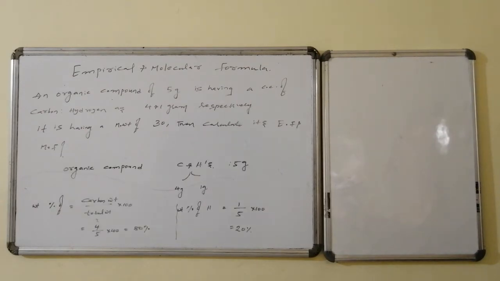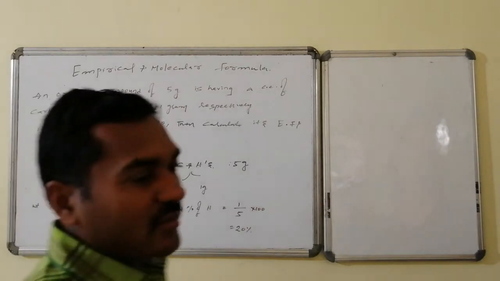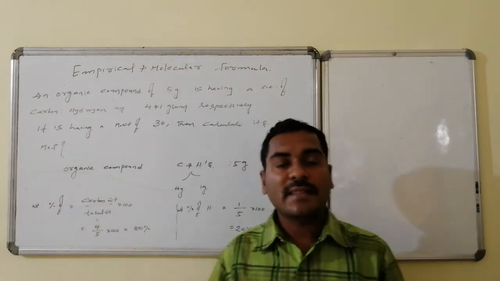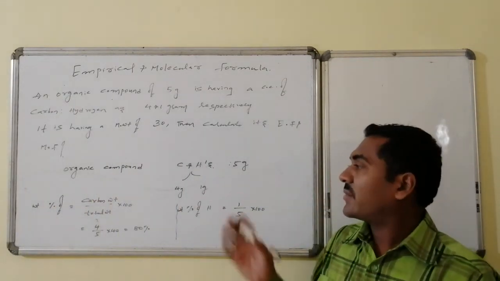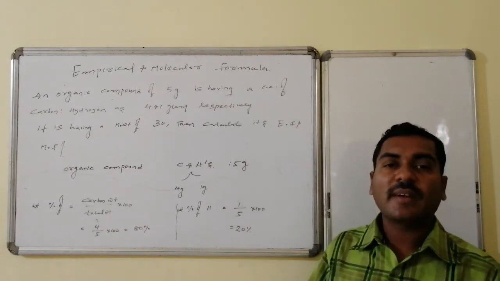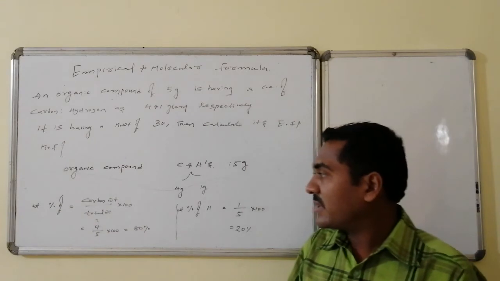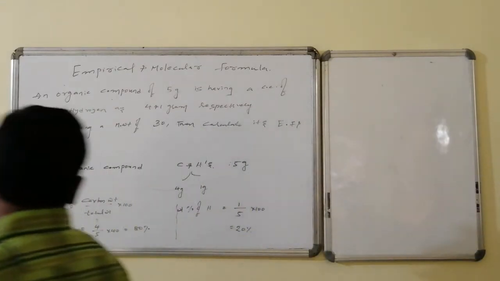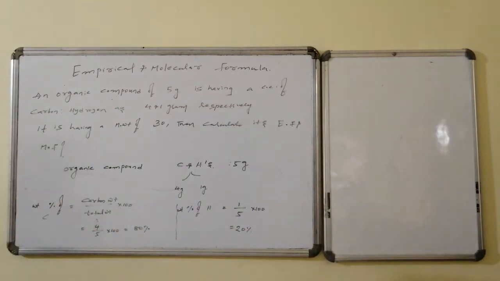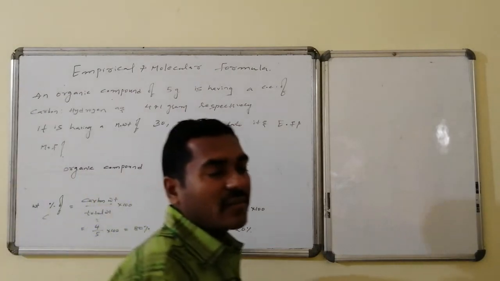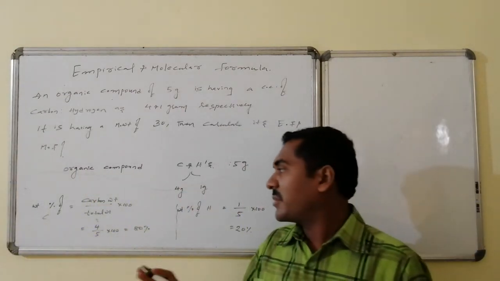Before going to the derivation of the empirical and molecular formulas, the weight percentages are required. Out of a total weight of 5 grams, 4 grams are from carbon and 1 gram is from hydrogen. So the weight percentage of carbon is given by the weight of carbon by the total weight of components into 100 present in the molecule.